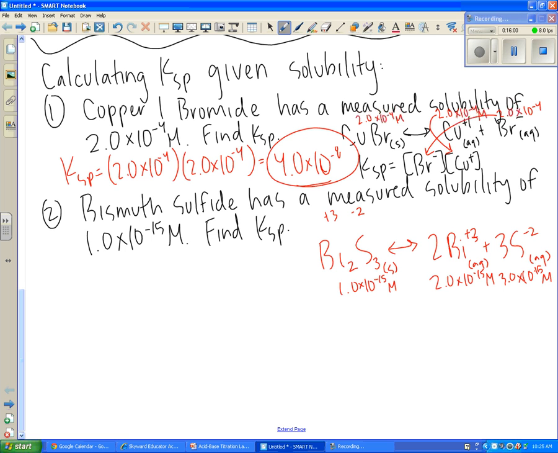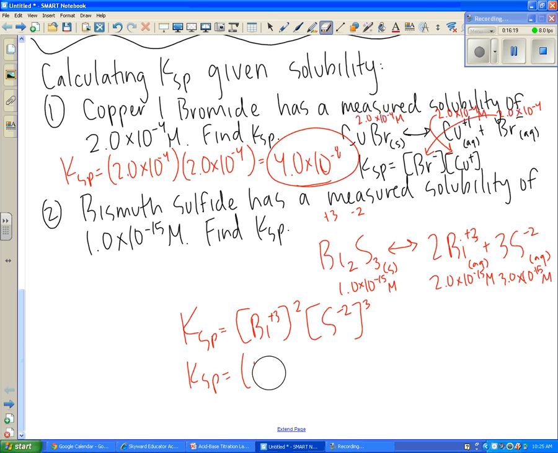Now to calculate KSP, KSP is equal to the concentration of the bismuth ion raised to the second times the concentration of the sulfide ion raised to the third. So KSP is 2.0 times 10 to the minus 15 squared times 3.0 times 10 to the minus 15 cubed.